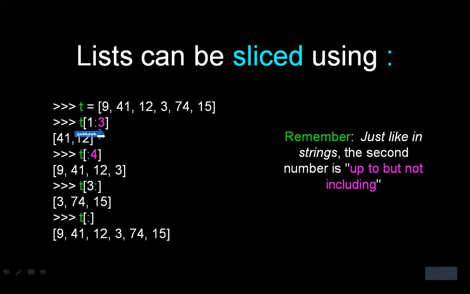So here 1:3 means 1 will be included, 2 will be included, but 3 will not be included. That's why you got 41, 12 here. Once again I'm stressing it: whenever you give the slicing index numbers, it goes up to that index but does not include it. That is what slicing is all about.